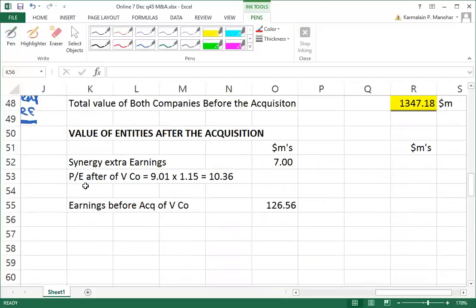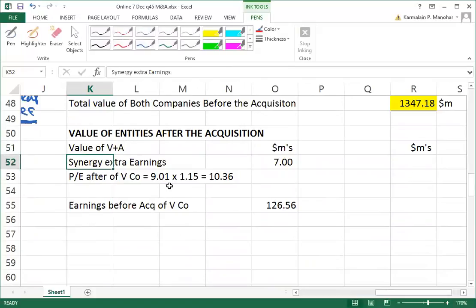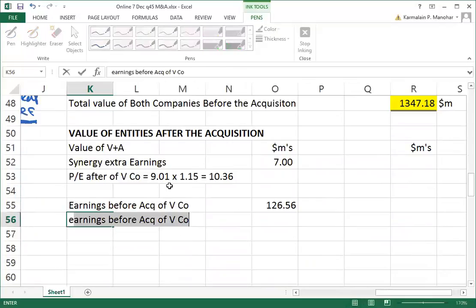So this here, if I put a little subheading, this could be value of V plus A, right? So we add on A, and earnings of A co equals 50% times, what was the earnings of TCO?